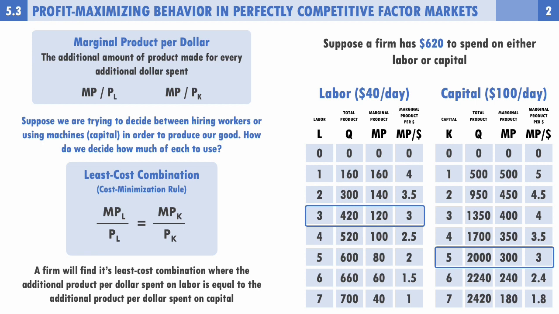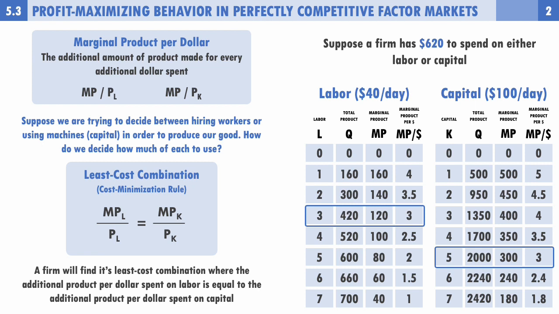And you might be like, well, again, why that point? Well, keep in mind, if those aren't equal, like let's say we hired one worker, we're getting a marginal product per dollar of 4, while we hired 6 machines, and that's 2.4. It's like, why would I be hiring that 6th machine? I'm spending $100 and it's only getting me 2.4 units per dollar, whenever my first worker was getting me 4 units per dollar.